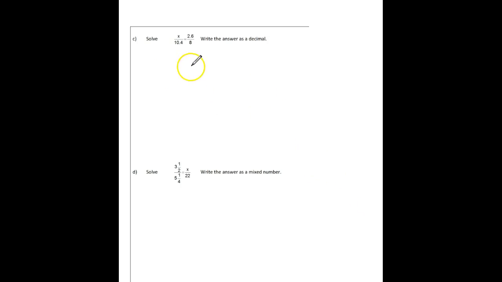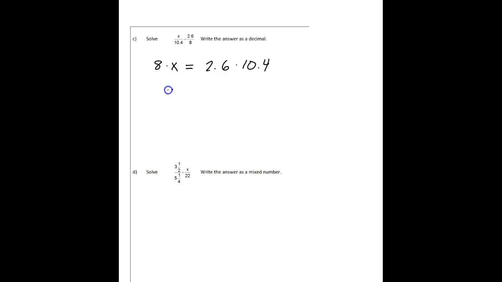This one does involve decimals, and it says write your answer as a decimal. Okay, so across the diagonal I have 8 times x equals 2.6 times 10.4. So, I go ahead and multiply that out.